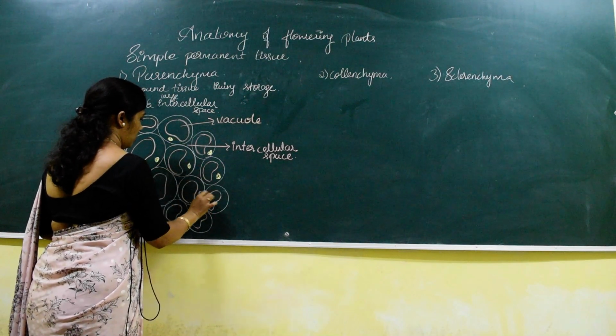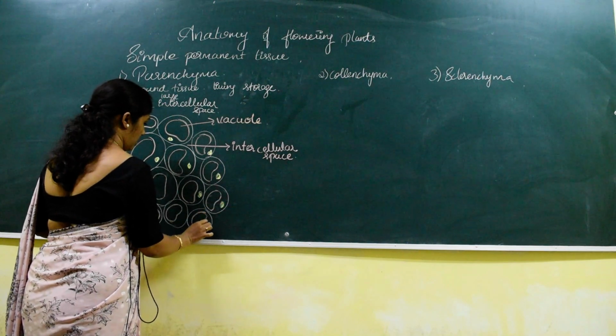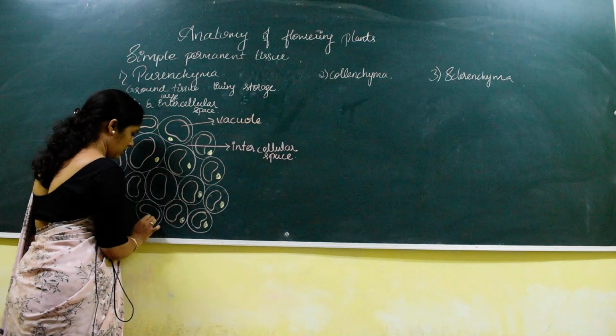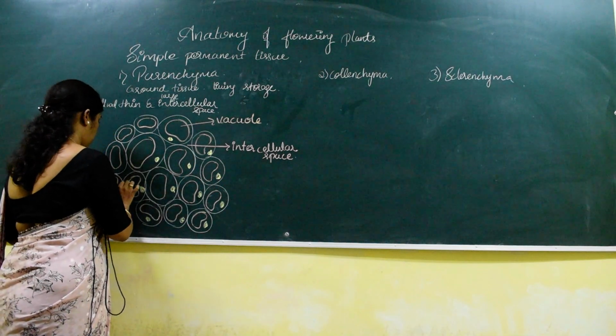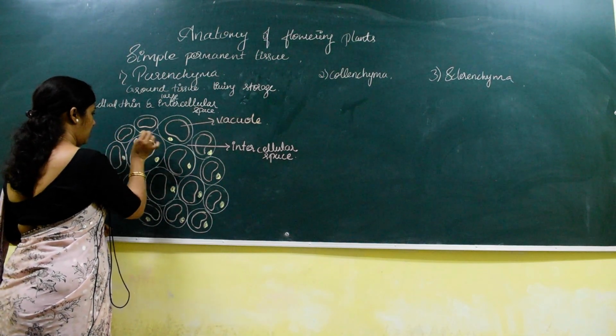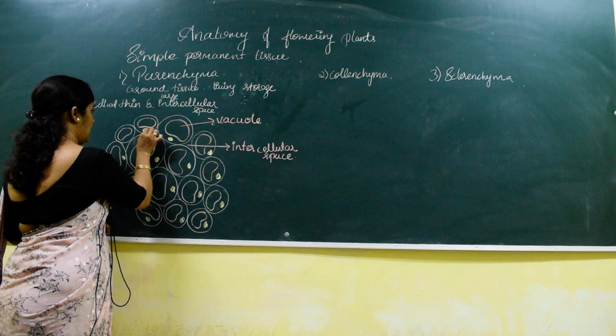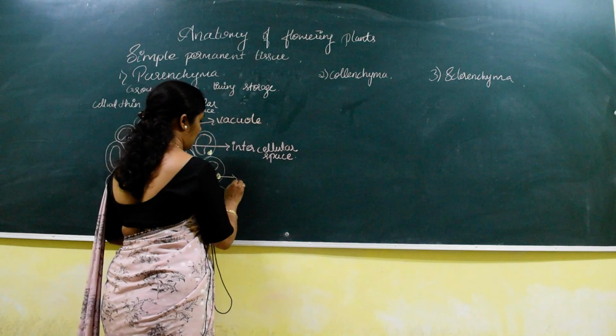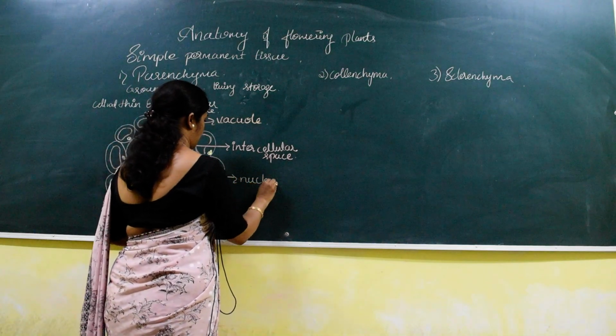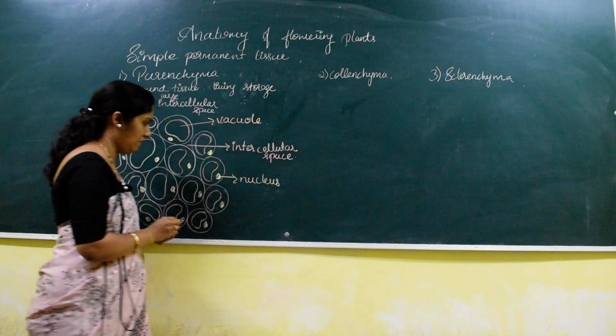As the vacuole occupies the major part of the cytoplasm, the nucleus is pushed towards the periphery in the plant cell, whereas in an animal cell we see a large nucleus at the center of the cell. Here this is the plant cell, so it is at the periphery.